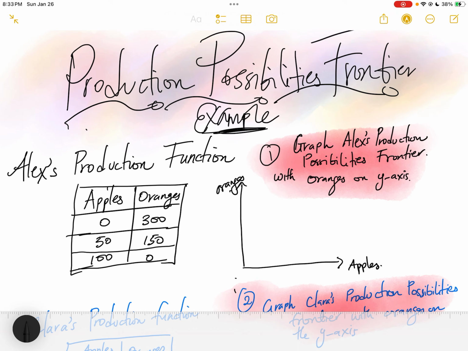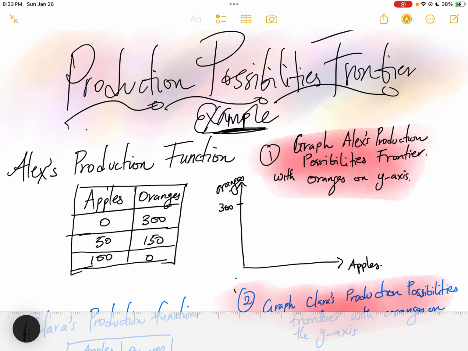Great. Then I can draw the PPF by just looking at the ends of the table here. So for oranges, the biggest number that Alex can produce is 300, right? So I put 300 here.